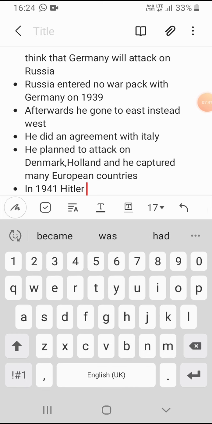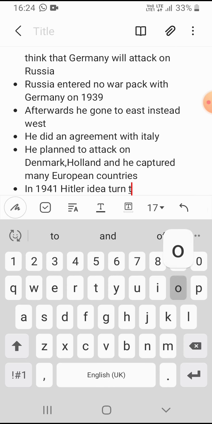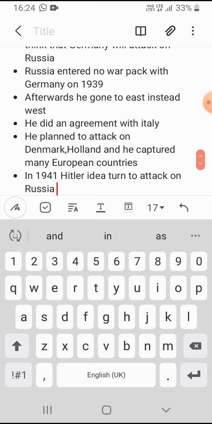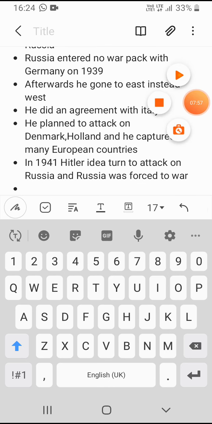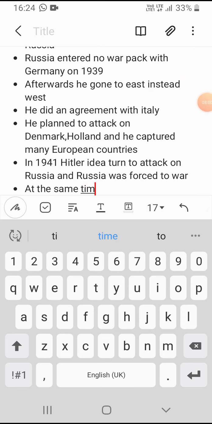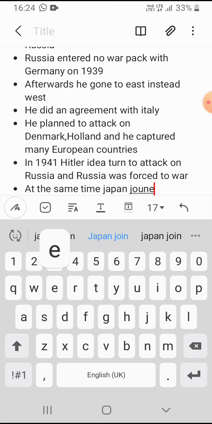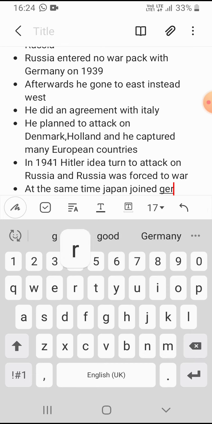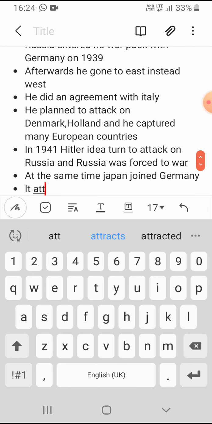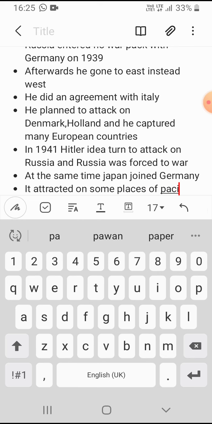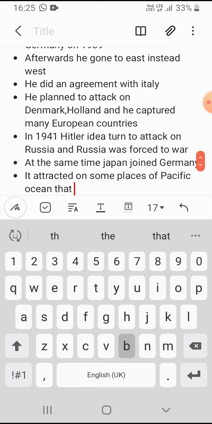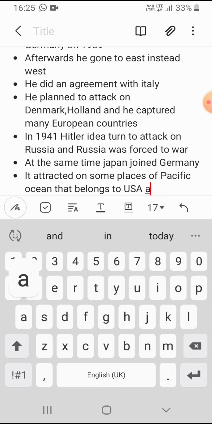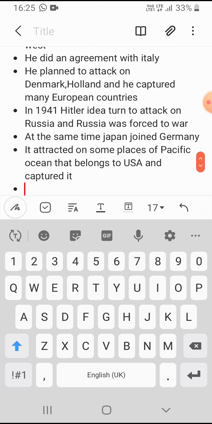Later, Hitler's idea turned to attacking Russia, and Russia was forced into the war. At the same time Japan joined Germany, and it attacked some places in the Pacific Ocean that belonged to the USA and captured them.